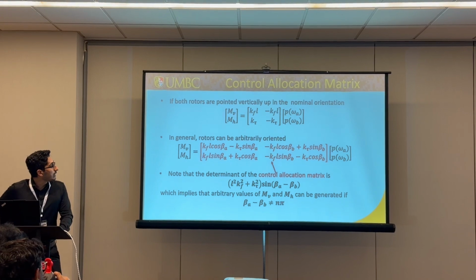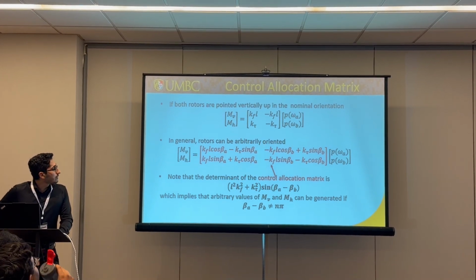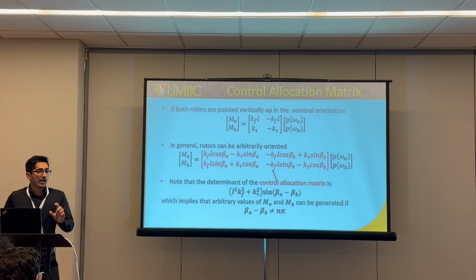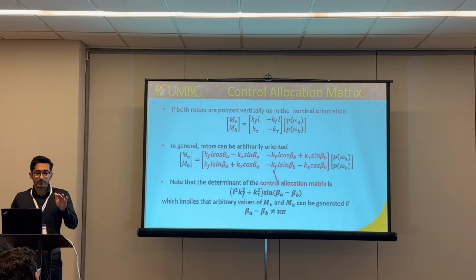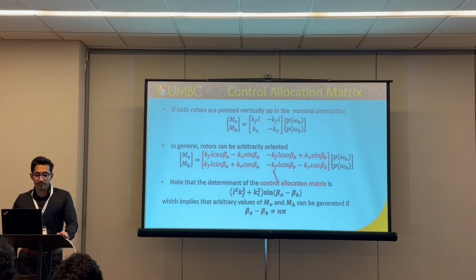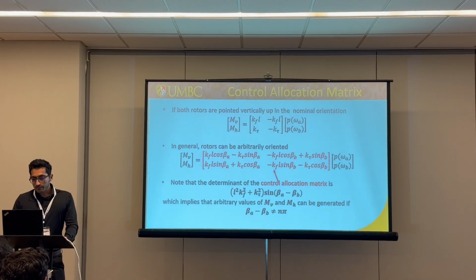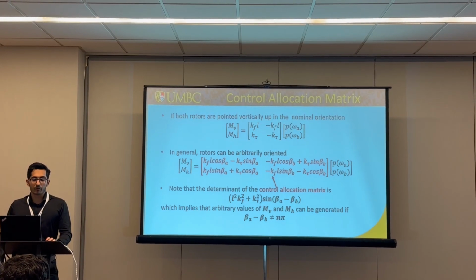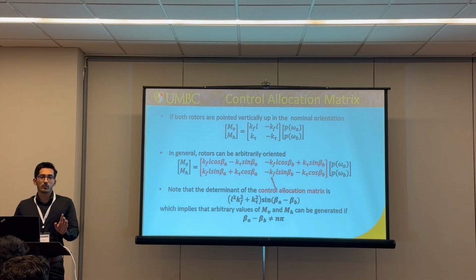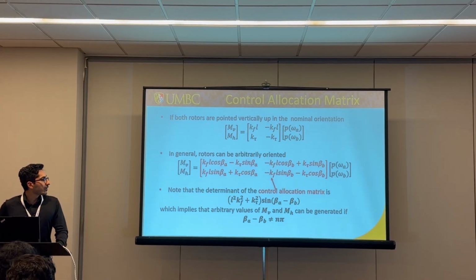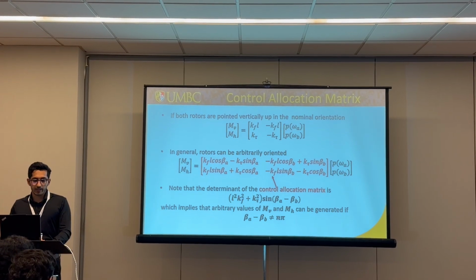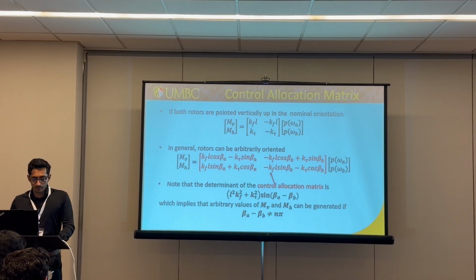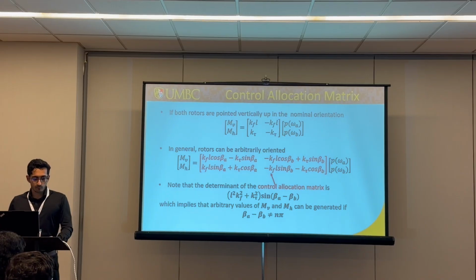You can see there are the sines and cosines of beta A and beta B, which are the angles of rotors with respect to their axis and base. This control allocation matrix becomes singular when rotors are pointing in completely different directions, and we cannot generate arbitrary moments in the vertical and the horizontal direction.